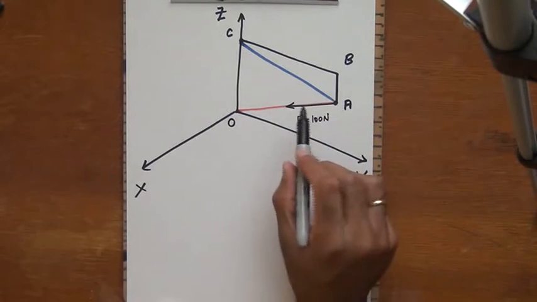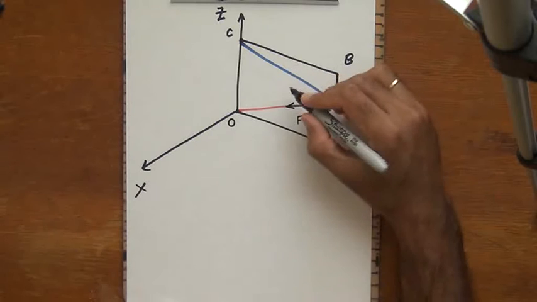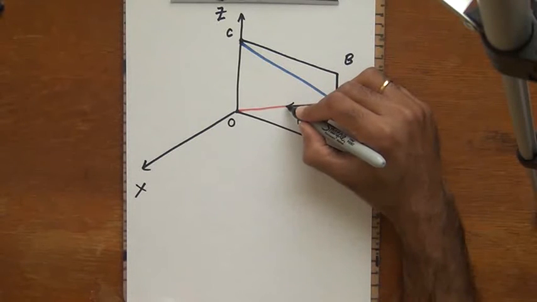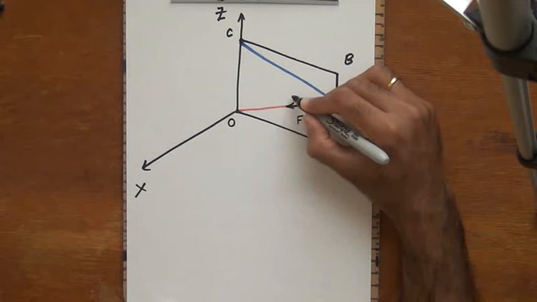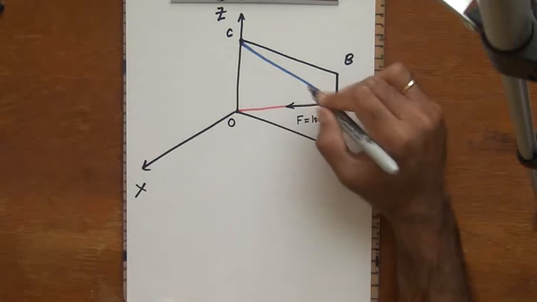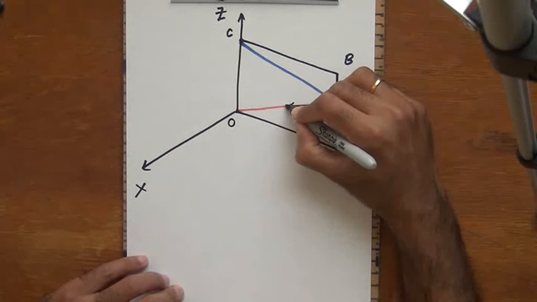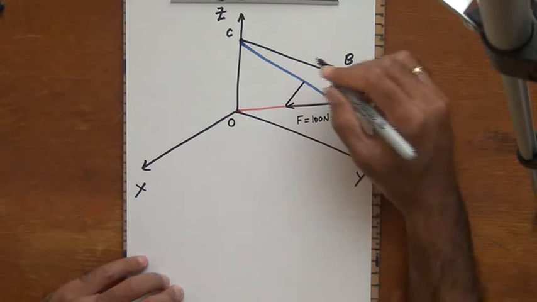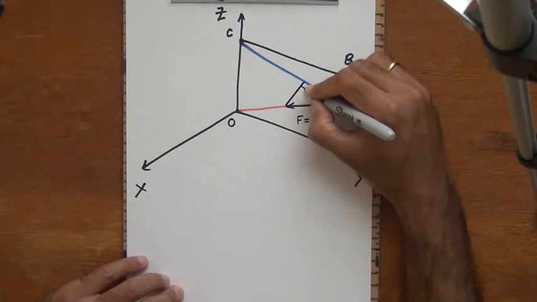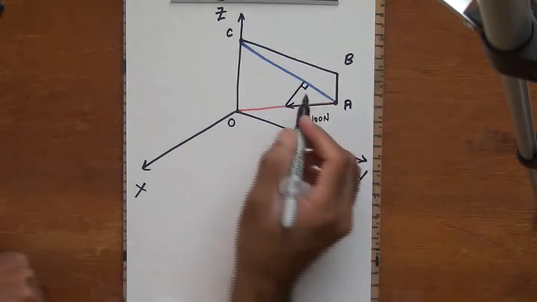I need to find the projection of this force vector along this particular line here, which means that if I take a line from the head of the force vector F and I drop a perpendicular onto the line from C to A or A to C, then I get the projection vector. So notice this here. I take a line from the head here, and then I see that this is a 90-degree angle, and there you see I have my projection vector.